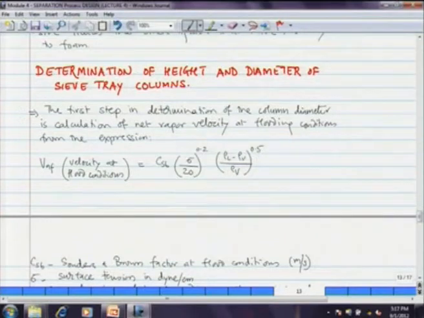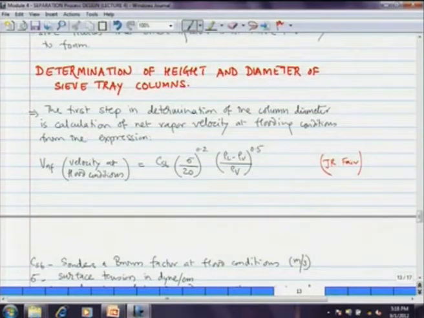The first step in determination of the column diameter is the calculation of net vapor velocity at flooding condition from the expression given by J.R. Fair. That equation says that VNF is the velocity at flooding condition.